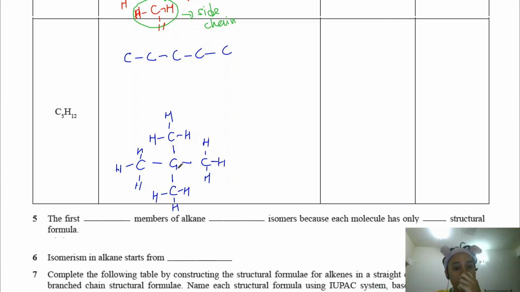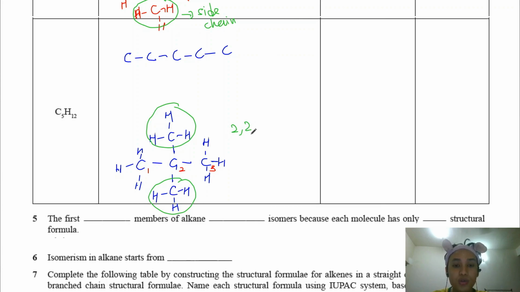Okay, so this one, 2, 3. It doesn't matter where I start because it's in the middle. And then these two are side chains. So for the naming, I have 2 methyl groups at second carbon. If I have 2 methyl groups, meaning I need to write 2 numbers: 2, 2, because both are at the second carbon.